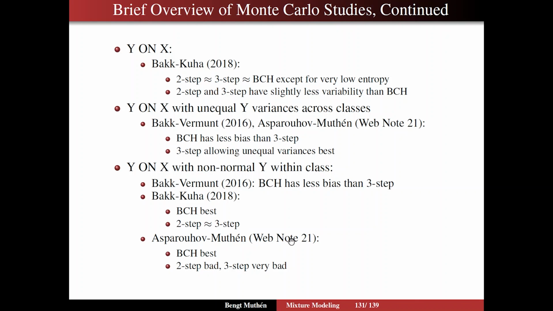And we in WebNote 21 found BCH to be the best, 2-step bad, 3-step very bad. So even though 2-step and 3-step have slightly less variability than BCH, maybe BCH is a safer bet than, say, 2-step when you consider Y on X.